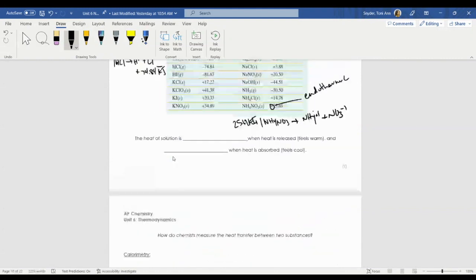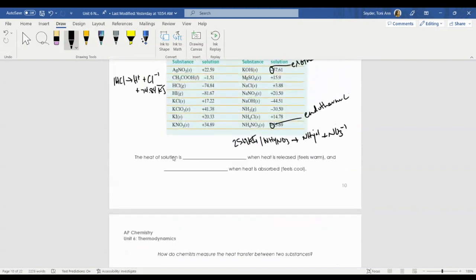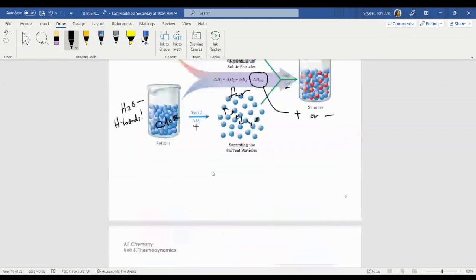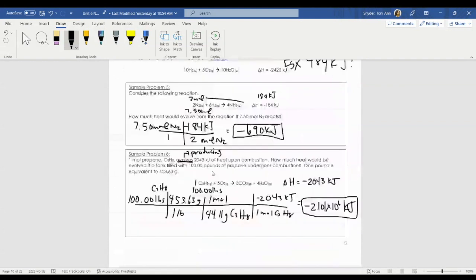Just to reiterate, the heat of solution will be negative when heat is released, and it will be positive when heat is absorbed. And that's when it feels cool. Like I said, I think those diagrams are the most important in this case, but also the stoichiometry with thermochemical equations is also pretty darn important.